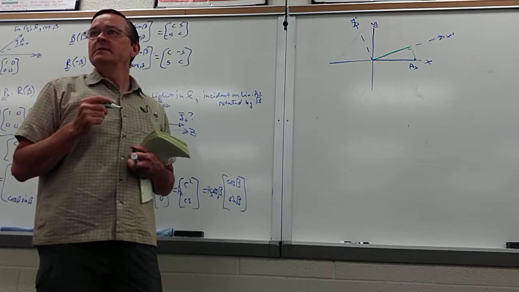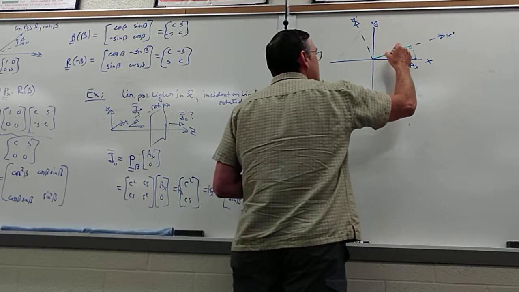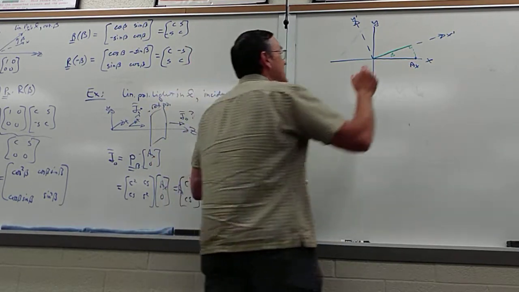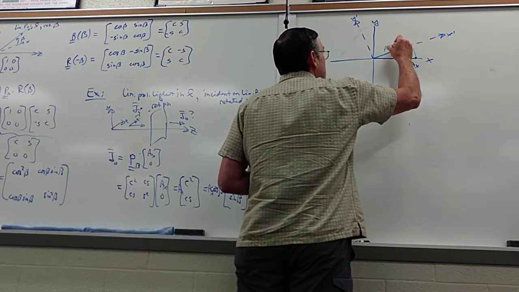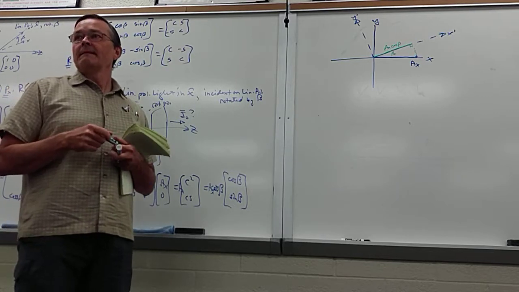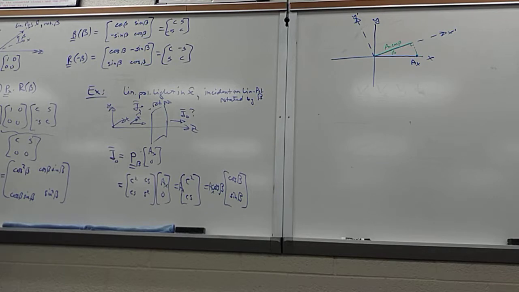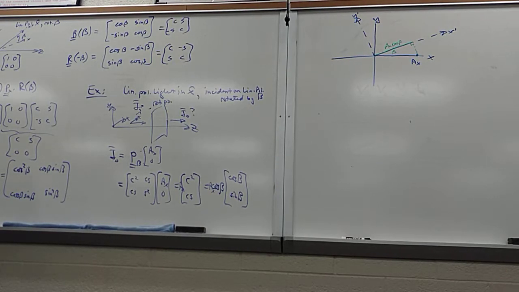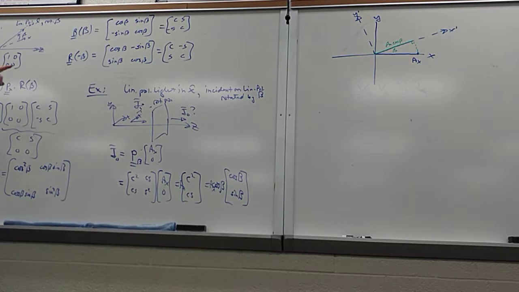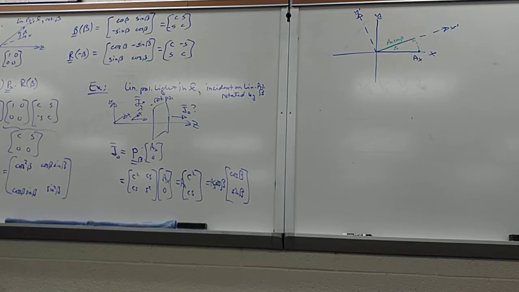And how much is that? If this is beta, this is just A x cosine of beta. That's basically the polarization in the X prime, Y prime frame just past the polarizer.